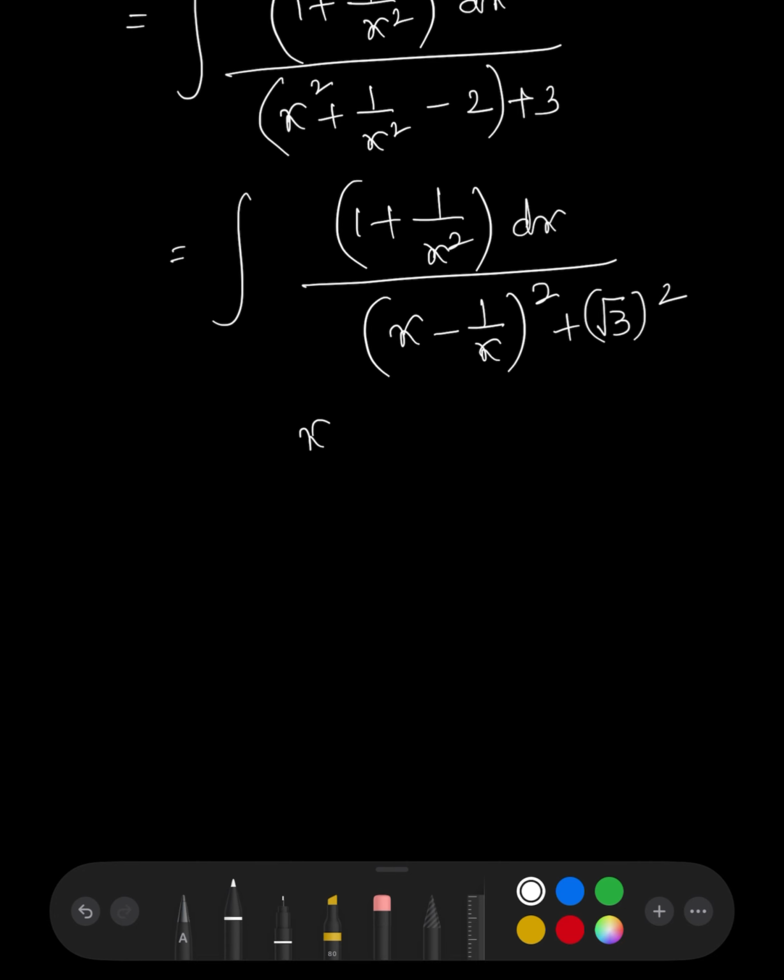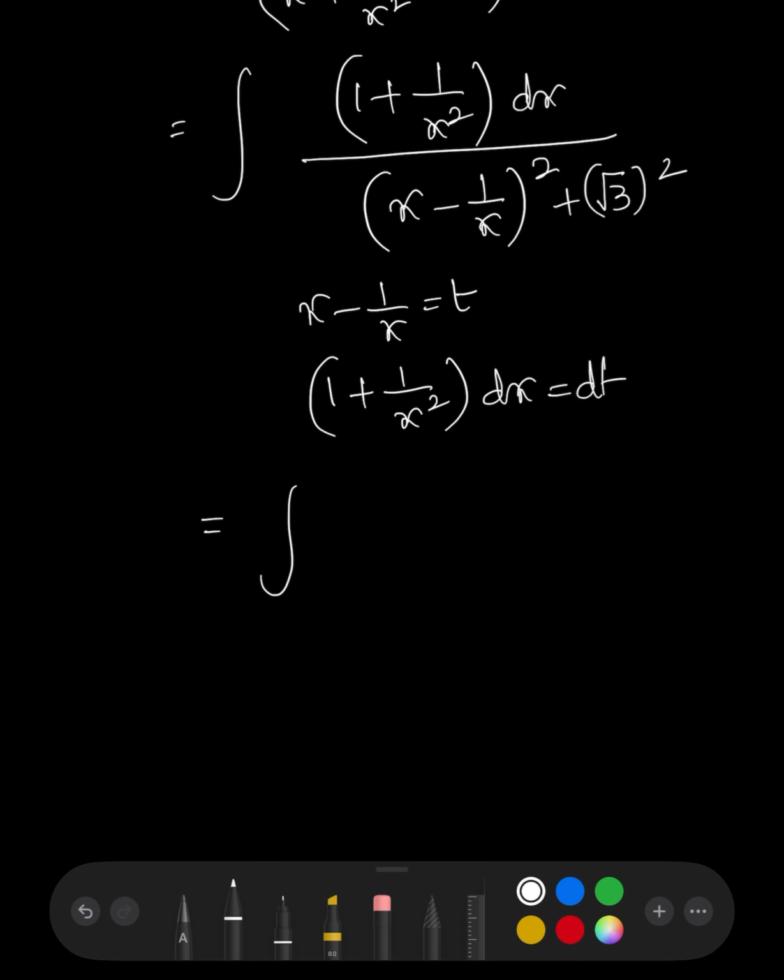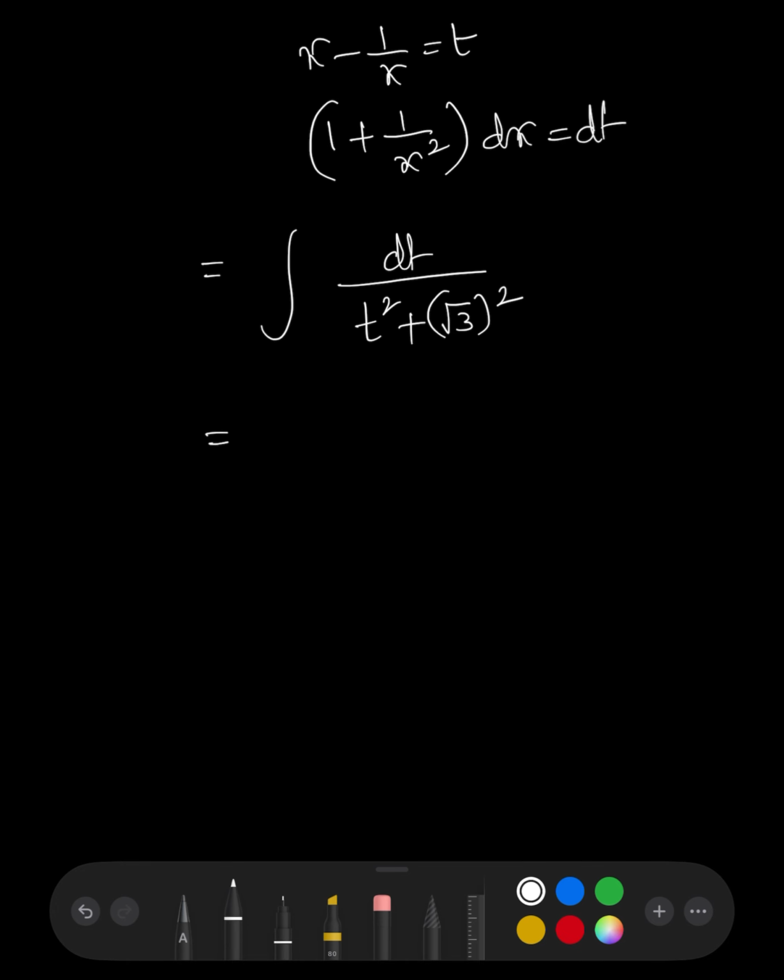So clearly here x minus 1 by x equal to t, then the differentiation of x minus 1 by x is 1 plus 1 by x square dx equal to dt. So the numerator will become dt and the denominator will become t square plus root 3 whole square, so it is 1 by a tan inverse of x by a.